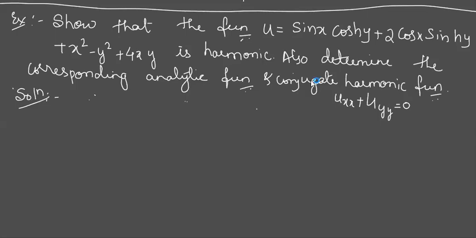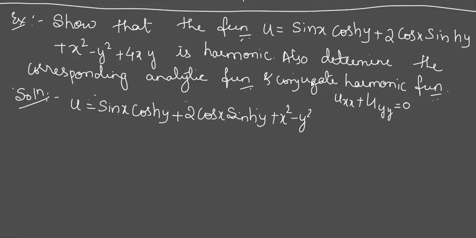So what is the meaning of uxx? What does that notation indicate? Partial differentiation of u with respect to x twice, similarly with respect to y twice. Now let us do with respect to x first.